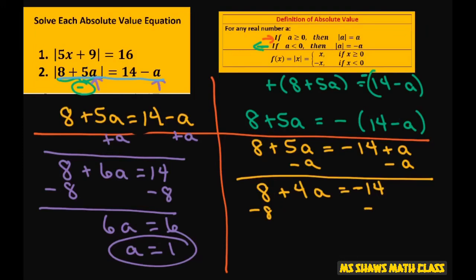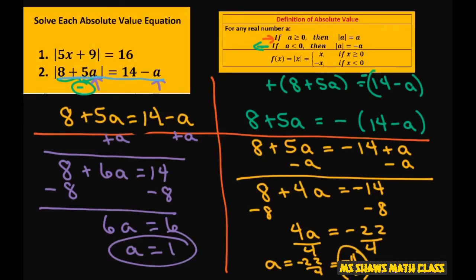So that's going to give you 4a equals negative 22. Divide both sides by 4, and that's going to give you a equals negative 22 fourths, which reduces to negative 11 halves. And those are your two answers.